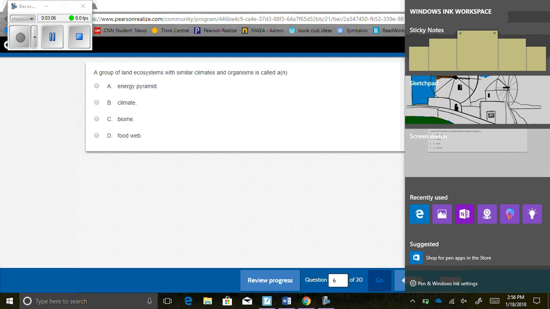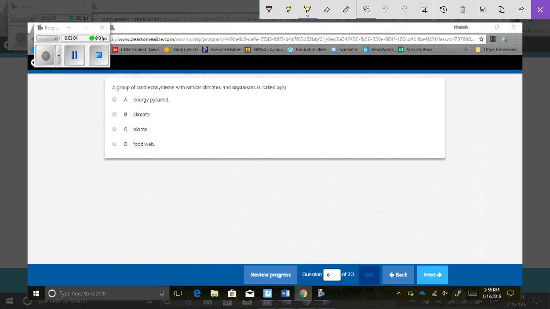Question 6. A group of land ecosystems with similar climates and organisms is called an A, energy pyramid, B, climate, C, biome, D, food web.